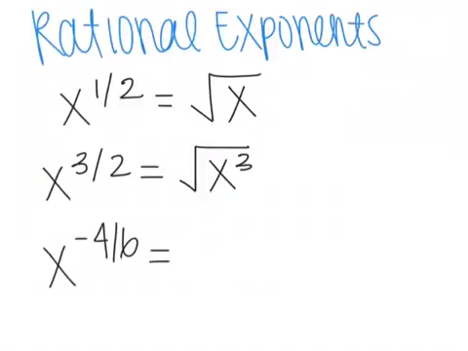So a little bit harder one, x to the negative 4/6 is going to be 1 over the 6th root of x to the 4th.